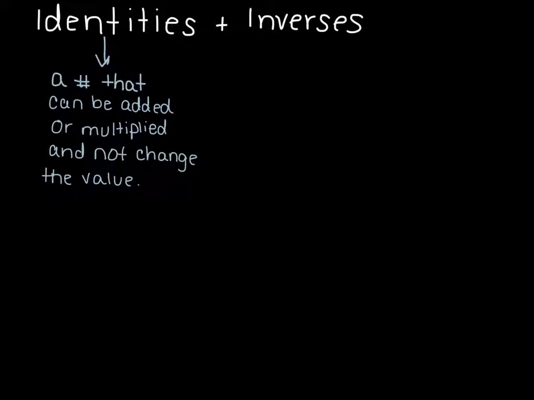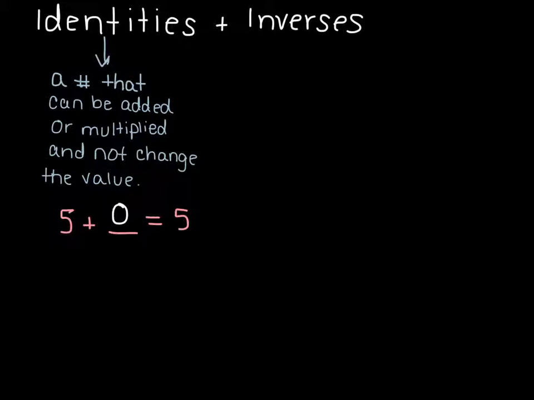So here's what I want to know. If I take 5 and I add some mystery number to it, what would that mystery number have to be to keep that number a 5? Okay, that's what an identity does, is it doesn't change the value of the number you're looking at. So for addition, the identity is 0, okay?